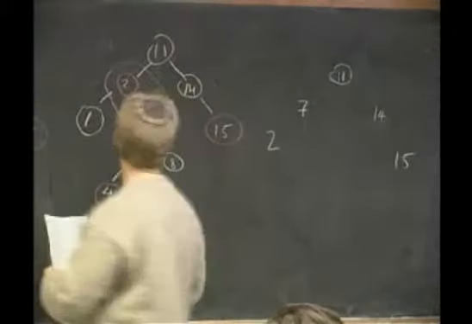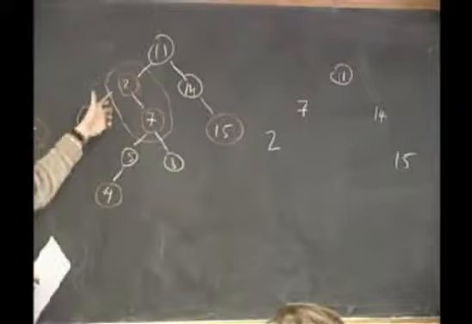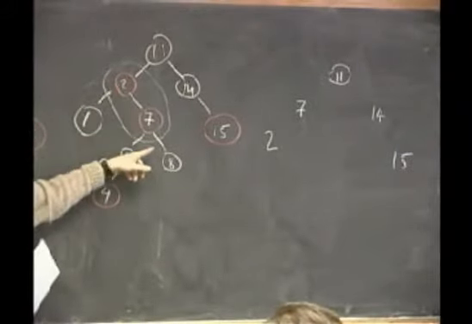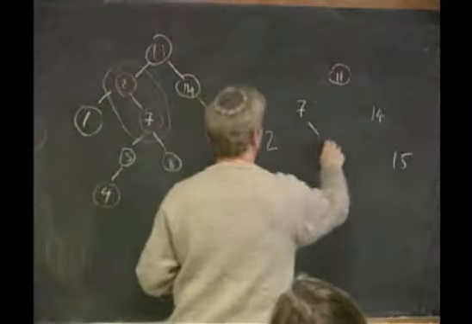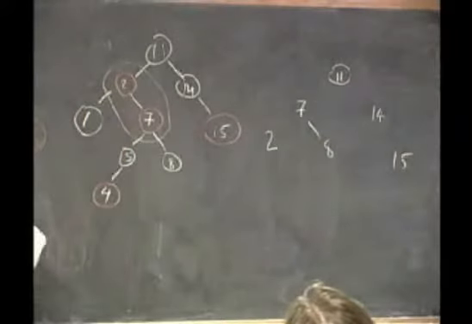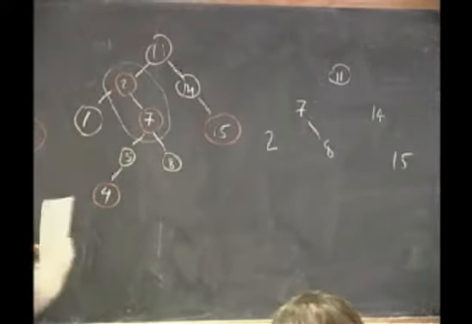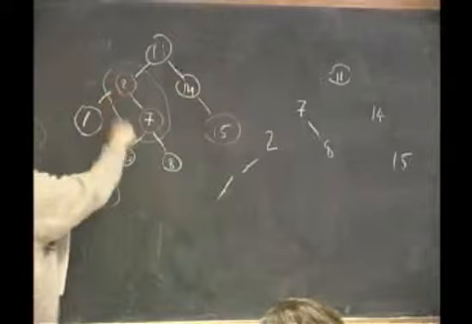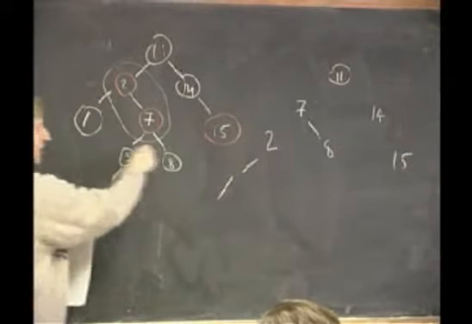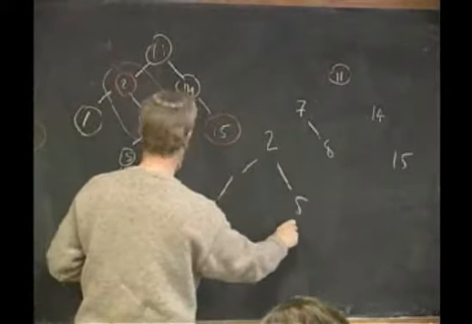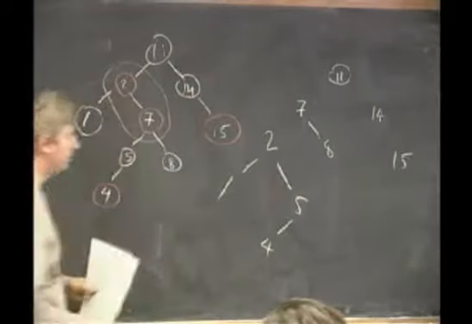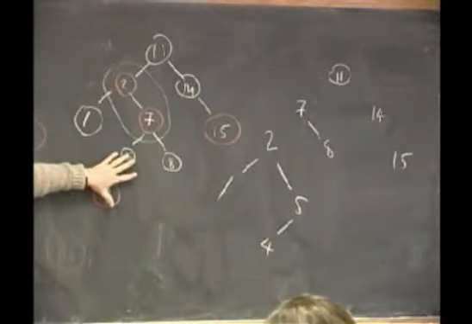I want you guys to tell me, what's coming off the 7 when you rotate it? On the right side, 8 comes off the 7. What comes off the 2 on the left side? 1. And what comes off the 2 on the right side? This subtree, the 5, 4 subtree. That whole thing comes off.